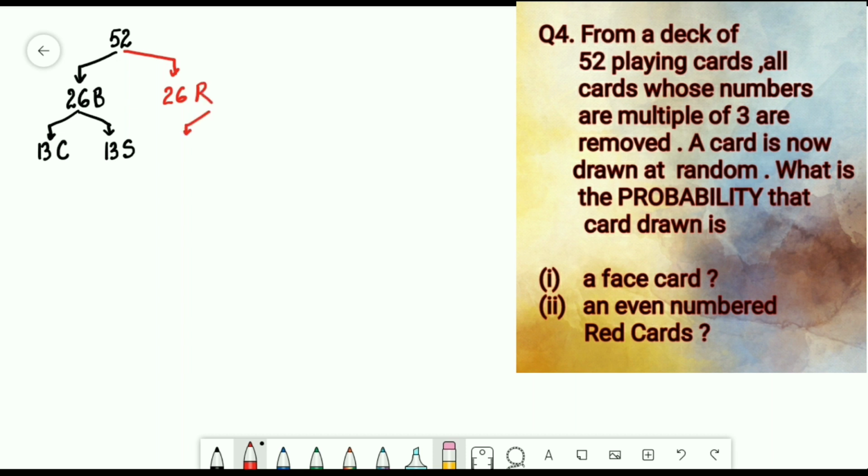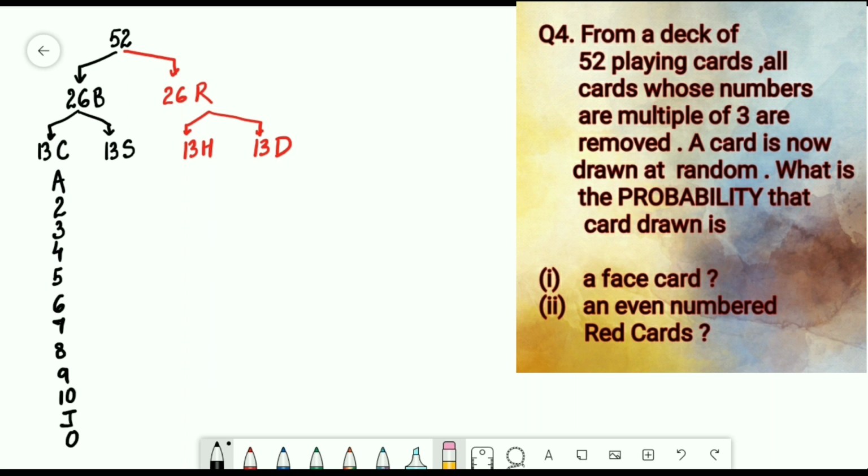Out of 26 red colored cards we have 13 cards of heart and 13 cards of diamond. Now the cards are in this form. It will start from A, 2, 3, 4, 5, 6, 7, 8, 9, 10, then Jack, Queen and King.